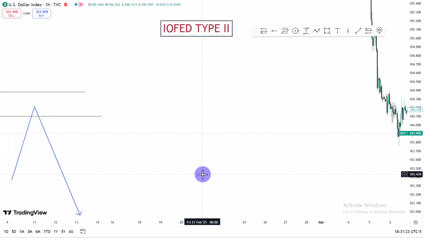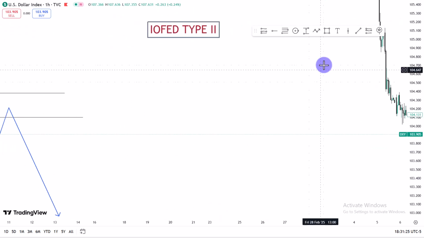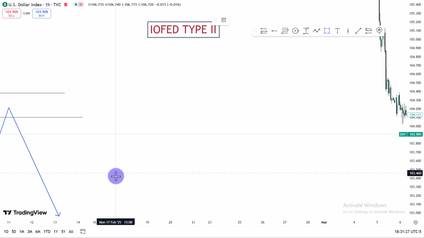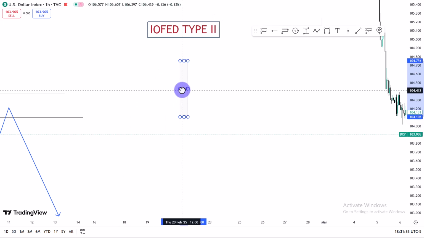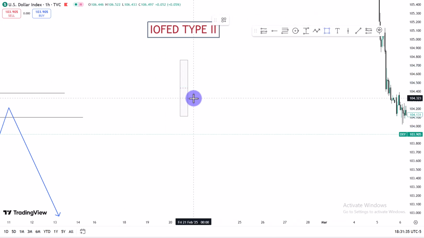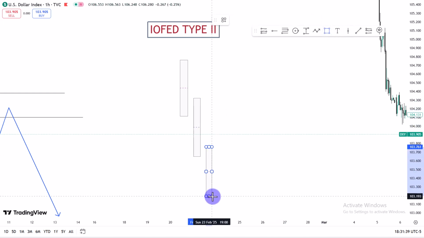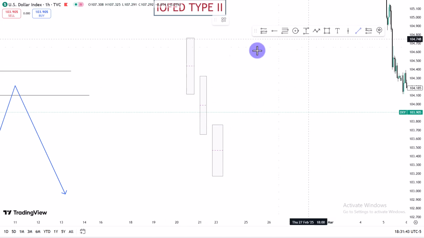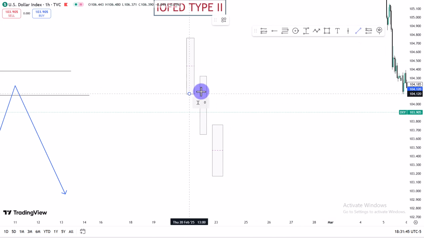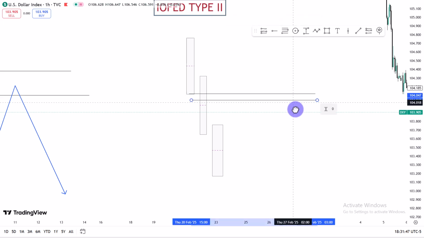The second type of IOFED is when we see price action print out a fair value gap and an old high or old wick in between. So let's say we have a fair value gap right here. You see that fair value gap right here between the low of the first candle and the high of the third candle.